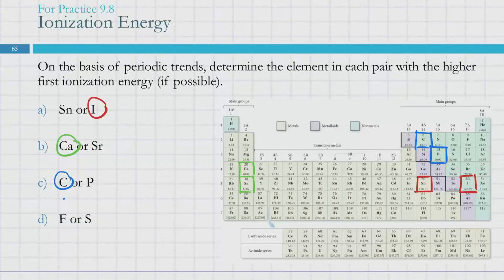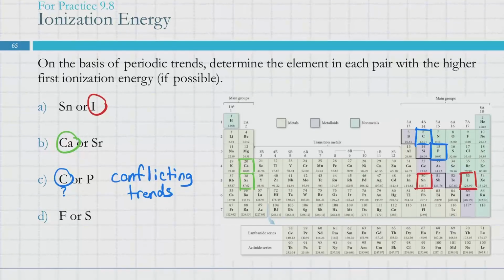I'm going to guess that it's probably carbon. But for this one, we've got conflicting trends. I'm just guessing that the size difference from moving up, like taking off an entire shell, is probably going to be a bigger factor than the little bit of compression that we get from increasing the effective nuclear charge. This one we've got conflicting trends, though. Don't expect to see something like that on an exam.